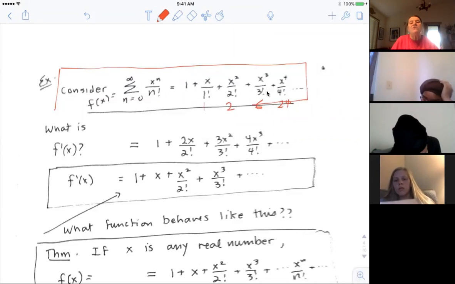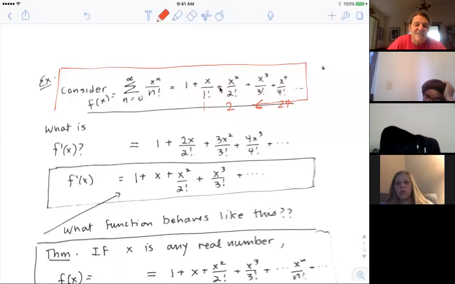So the answer is, what is it a function? Is it the series representation of any function? Well, I want to do something here that I think you find kind of interesting. If I take this as my function and I take the derivative, let's do that. What's the derivative of 1, guys?